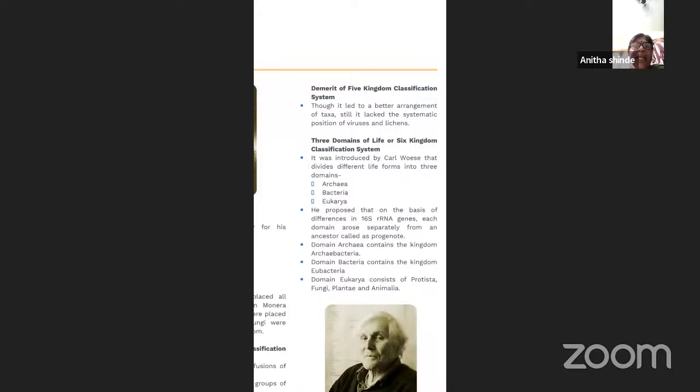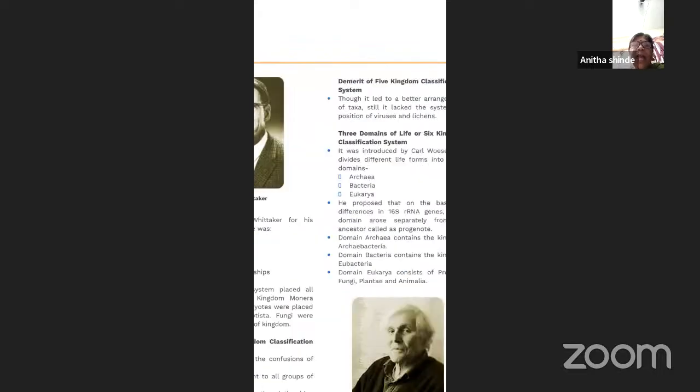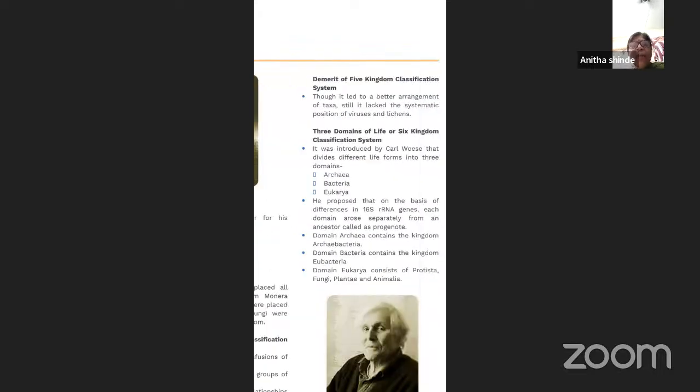Domain bacteria contains the kingdom Eubacteria, and domain eukarya consists of Protista, fungi, plantae, and animalia. In the 5 kingdom classification we have seen Monera, Protista, fungi, plantae, as well as animalia. Yes or no? The same.